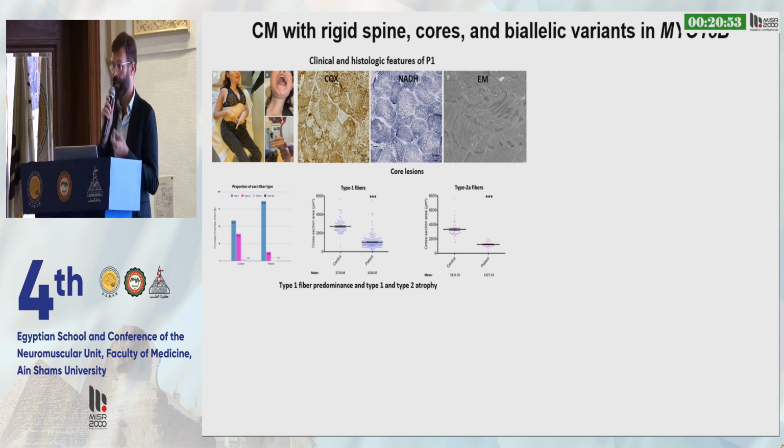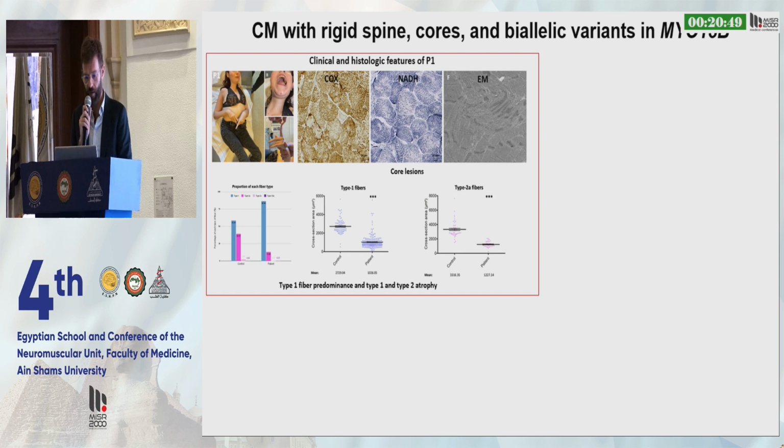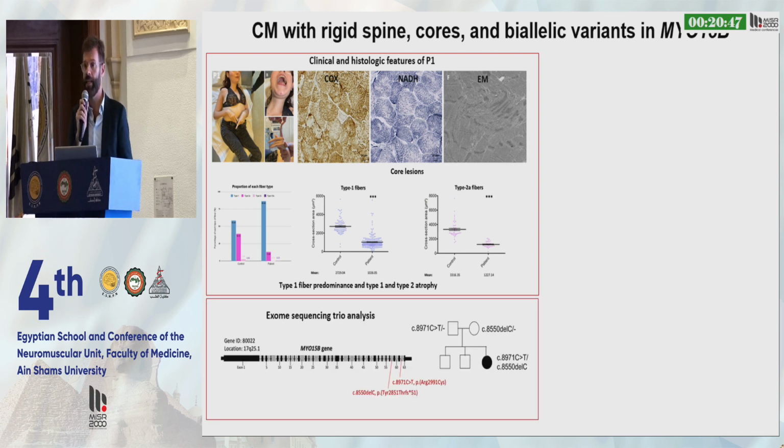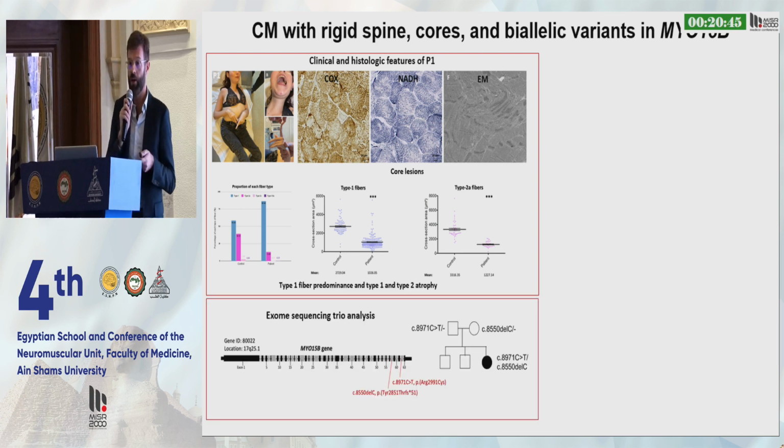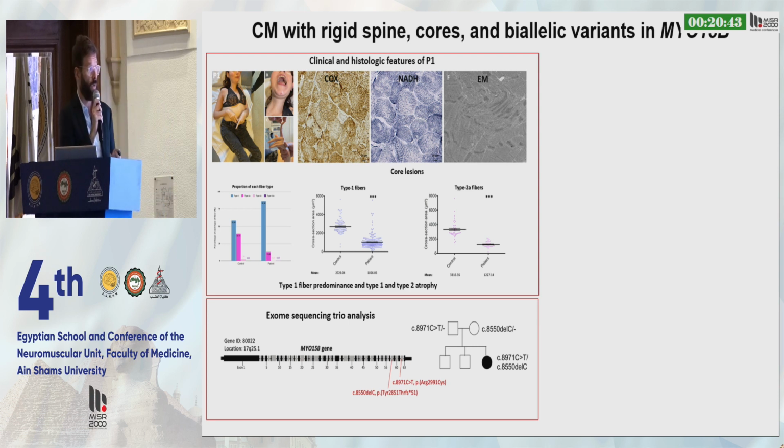There was a predominance of type 1 fibers that were also smaller compared to the type 2 fibers, and we did trio exome sequencing in her and the healthy parents. What we found was two variants, one a stop variant, frameshift, and another that is a missense localized in the distal part of the gene.